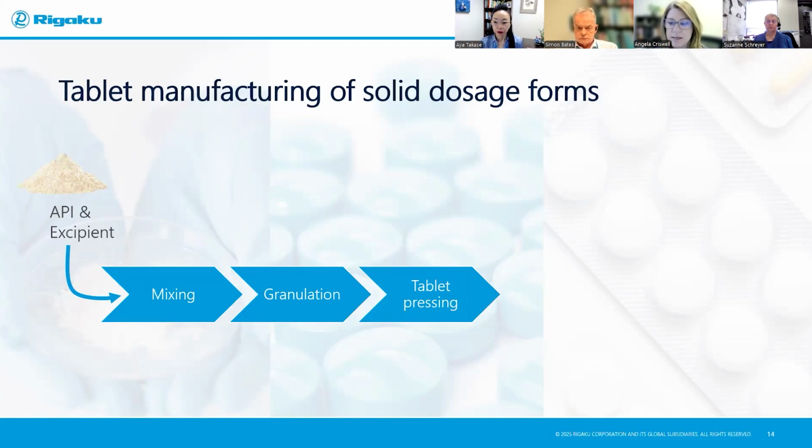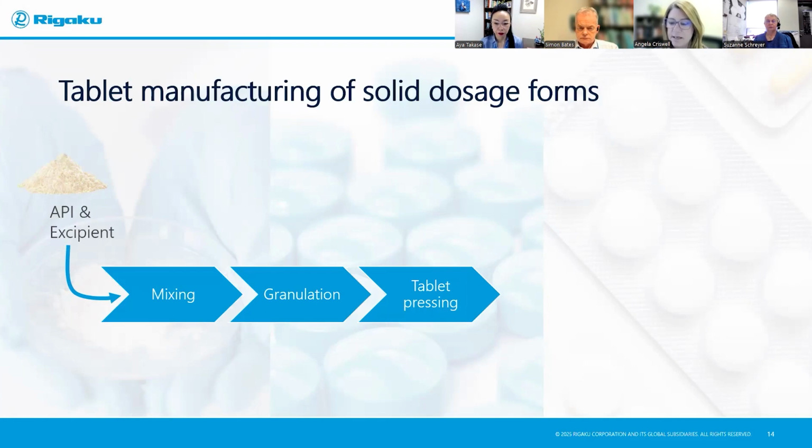During tablet pressing, the mixture is fed into a tablet press and put under pressure to form solid tablets. X-ray CT scans at this stage give us insight into the API distribution, and reveal any internal defects that may have happened during tableting.